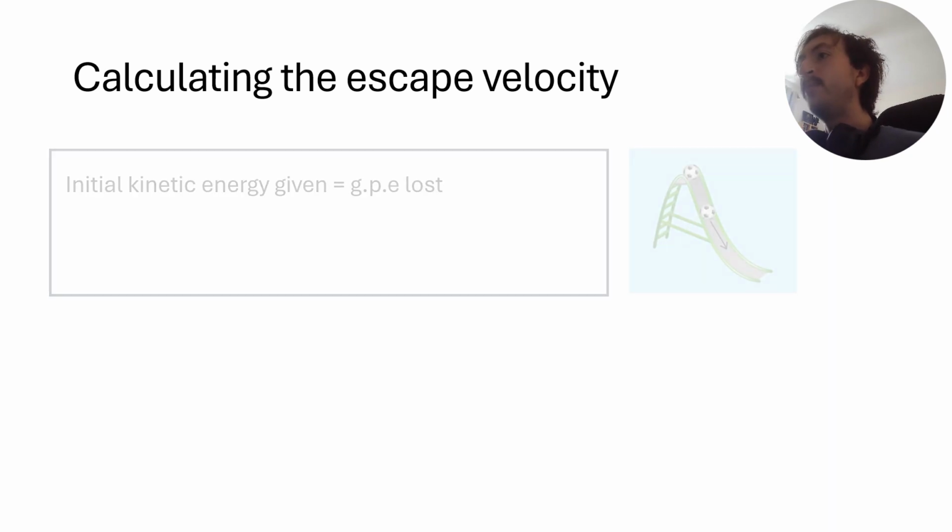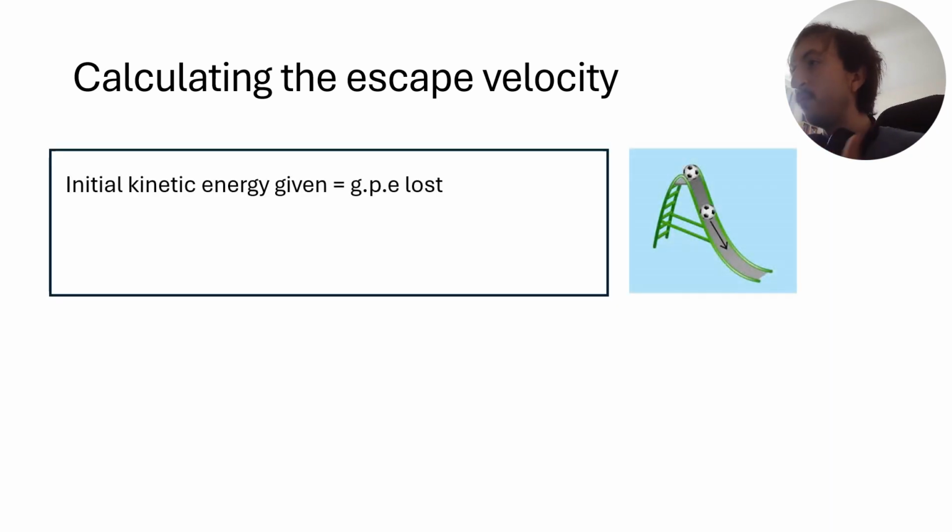And therefore we're going to be using a very particular gravitational potential energy, the one for something at the surface of a planet, which will be lost when something fired from the surface tries to move away from that object generating the gravity.